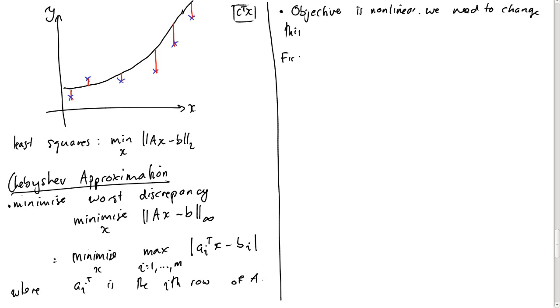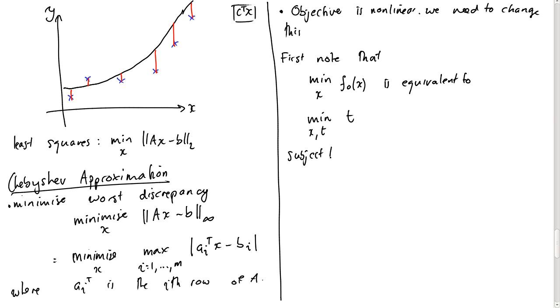First, we're going to use the following trick. First, note that minimizing over x some objective f0 of x is equivalent to minimizing over x and t, where I'm introducing a new variable t, subject to f0 of x being less than or equal to t.